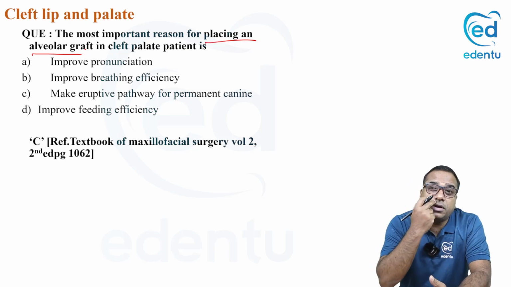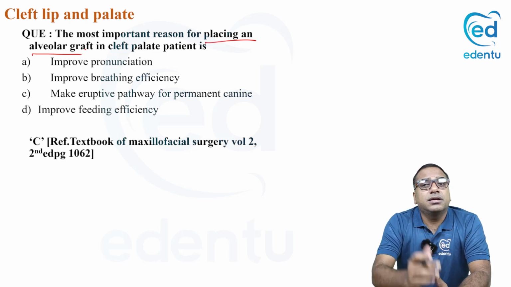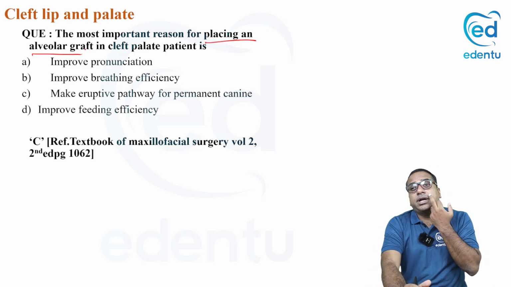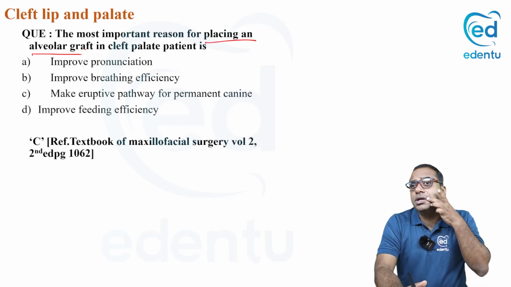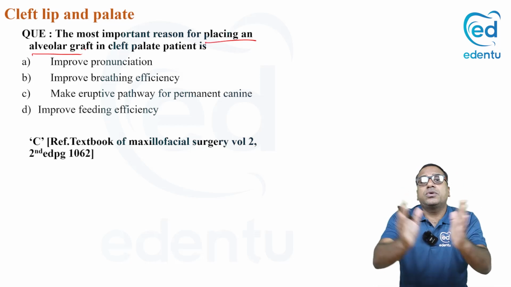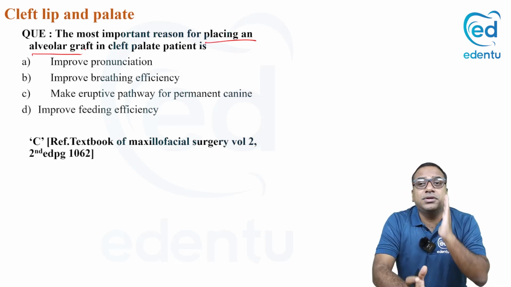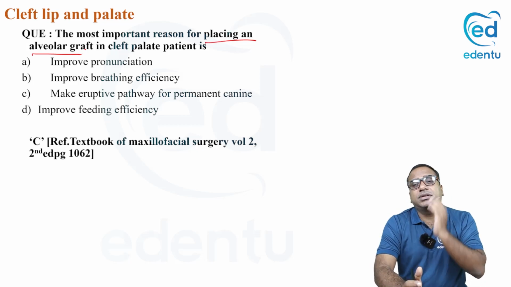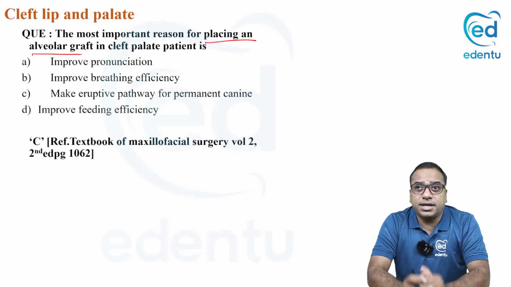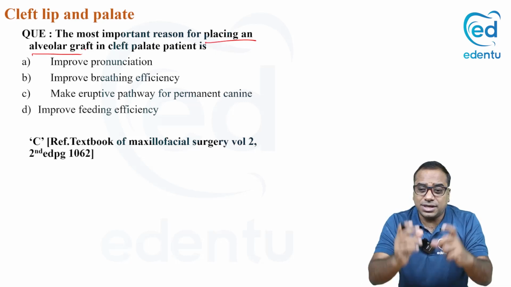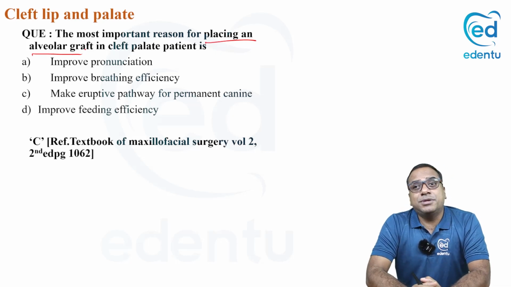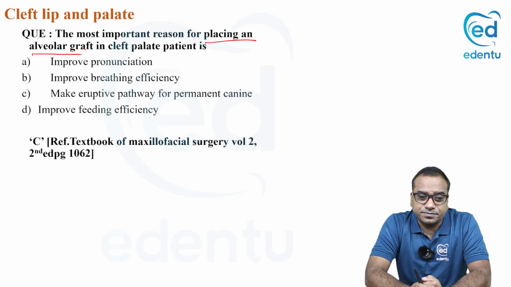If alveolar grafting is done, the canine can develop properly, and canine is the cornerstone of the dental arch. Once you get that guideline, everything in front is anterior and everything behind is posterior teeth. So you get a landmark, and with it you can develop the occlusion at a later stage.